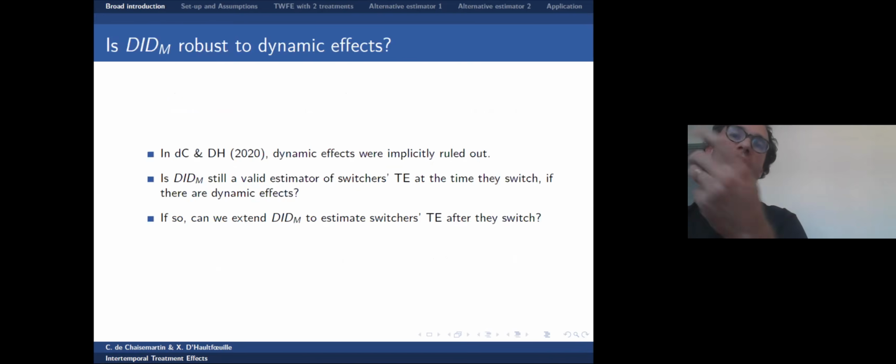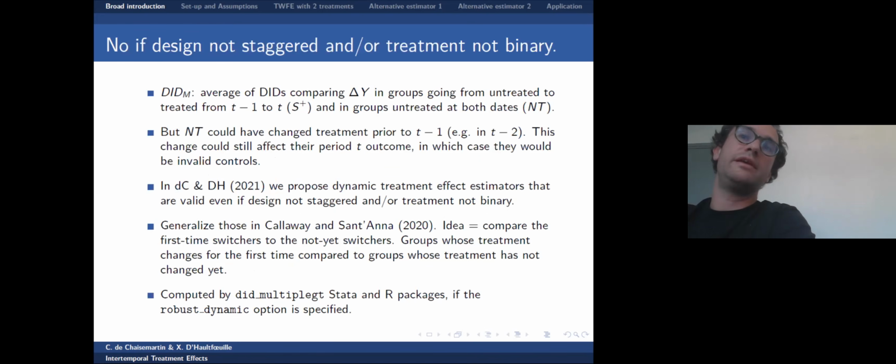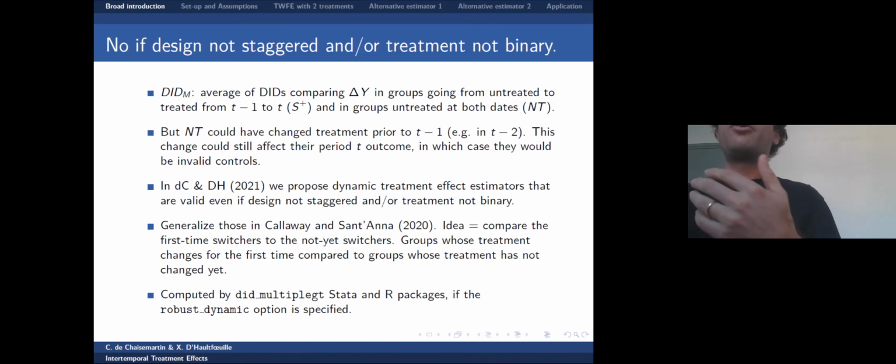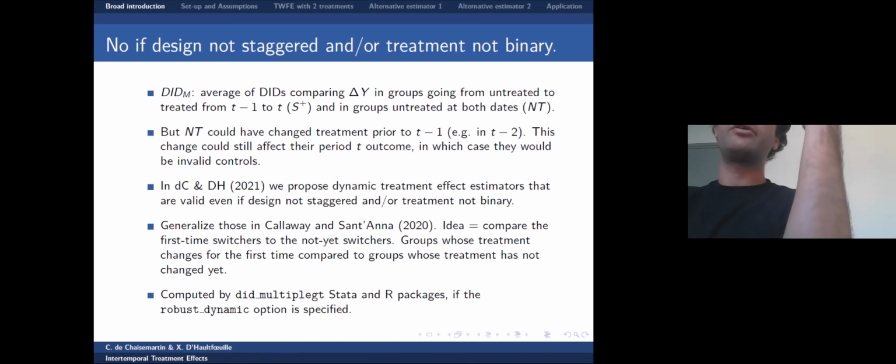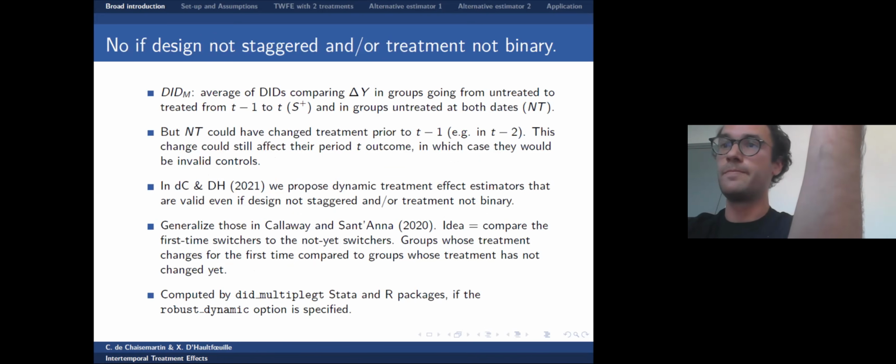Now, going back to the question of whether the DIDM estimator is robust to dynamic effects, the answer is no if the design is not staggered or the treatment is not binary. Again, remember, DIDM uses as controls groups untreated in T-1 and T. But if your design is not staggered, a group that's been untreated at T-1 and T may very well have been treated in T-2.